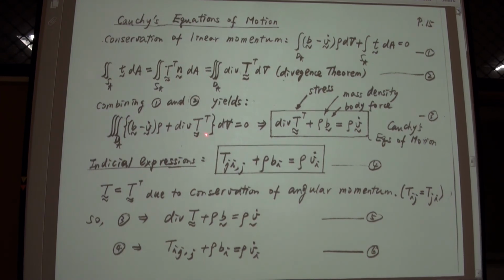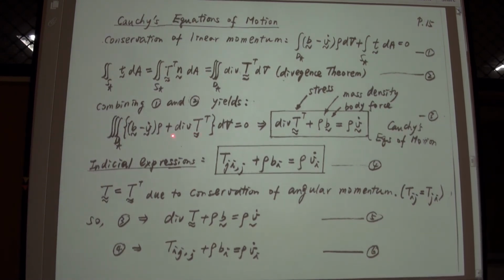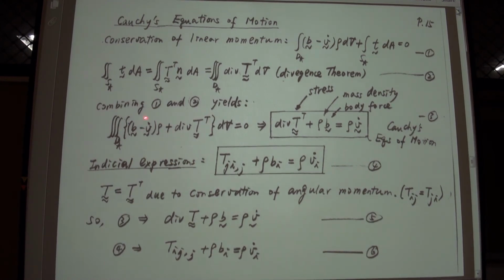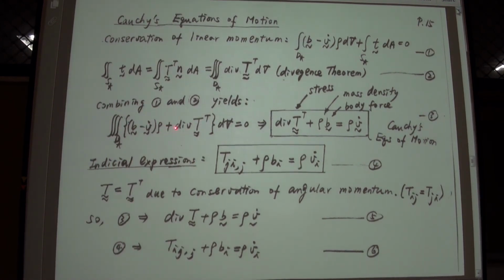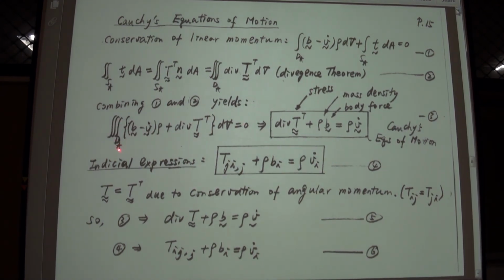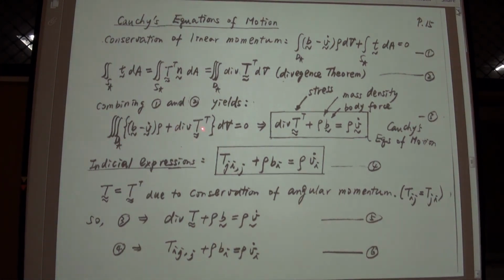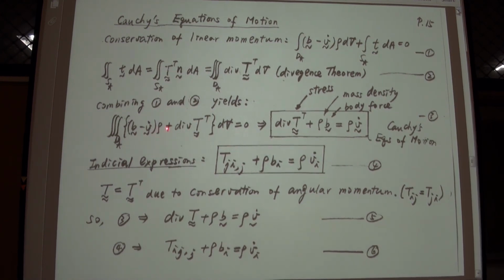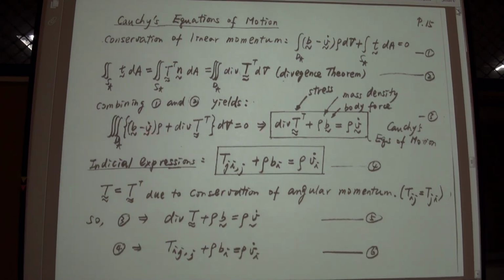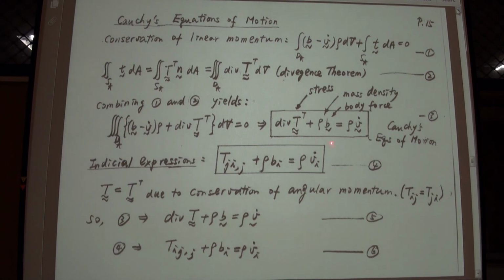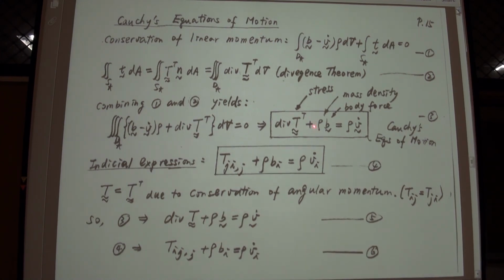So what would be the possible way to do so? It is that the integrand inside the integral must be equal to 0. If this term is equal to 0 for every material point, then the integral here will be 0, no matter how we choose the domain, right? So we require that the integrand inside the integral equals 0. As a result, we can move this term to the right-hand side of the equality, and get this local relation.